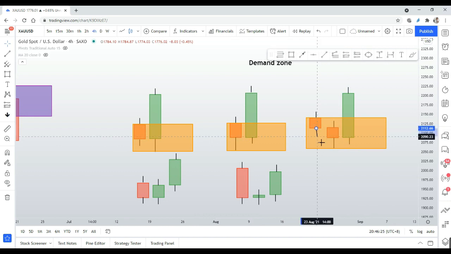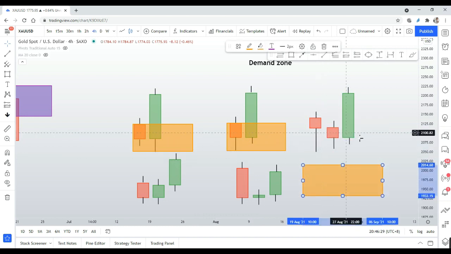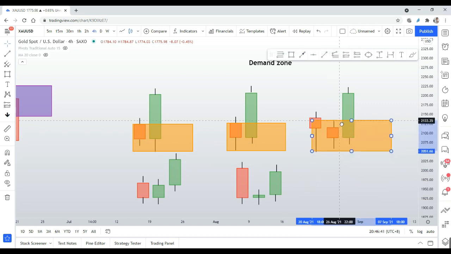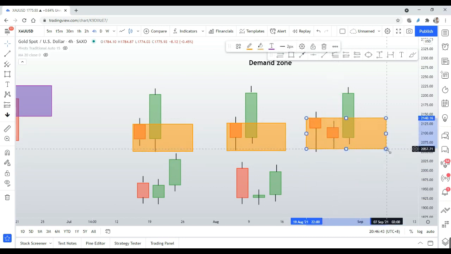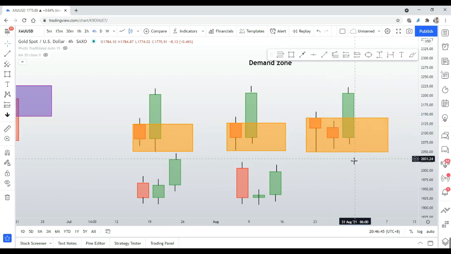Sometimes it might happen like this, right? Every time the chart can be different, but you don't get confused. You have to be clear why the chart looks like this. So here, the demand zone will be like this.